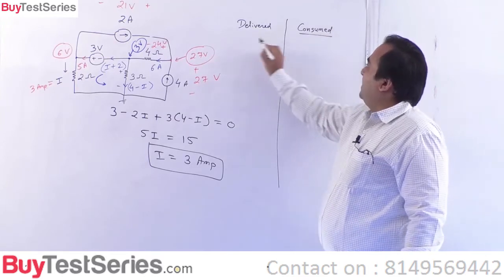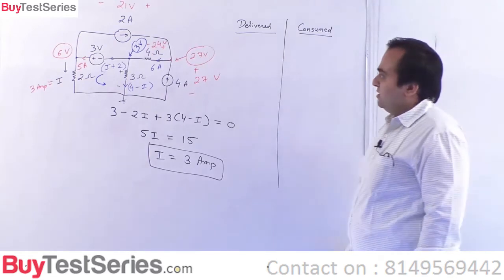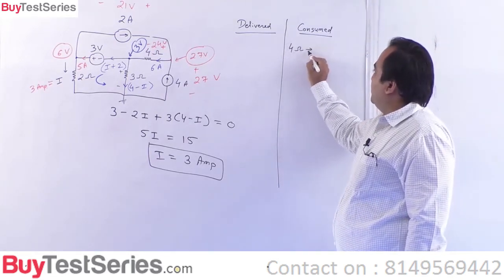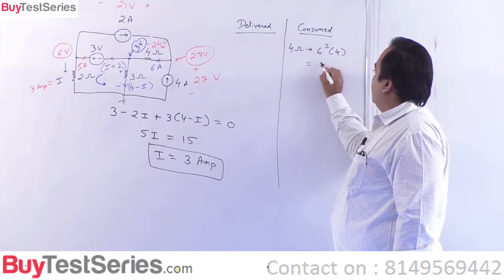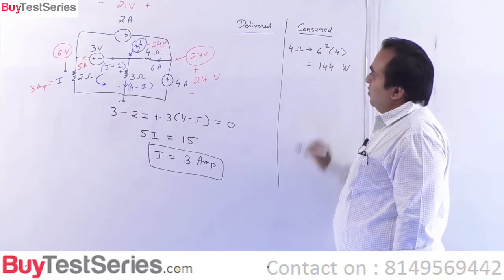On the consumed side, we must have all the entries of the resistances, since resistances will always consume. So 4 ohm is consuming 6 squared into 4, which comes out to be 144 watts.